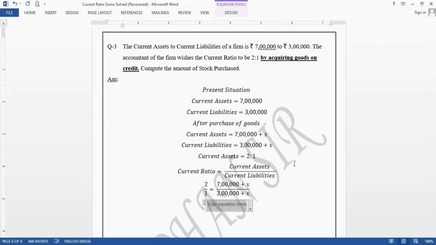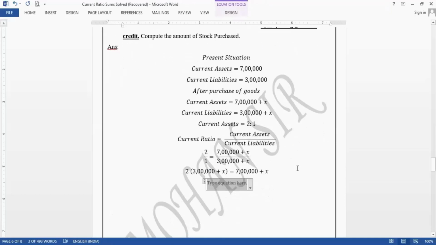So let us solve this. 2 into (3 lakh plus X) will be equal to 7 lakh plus X, right? So let us solve further. 2 into (3 lakh plus X) will be 6 lakh plus 2X, that is equal to 7 lakh plus X. So X will be equal to rupees 1 lakh.